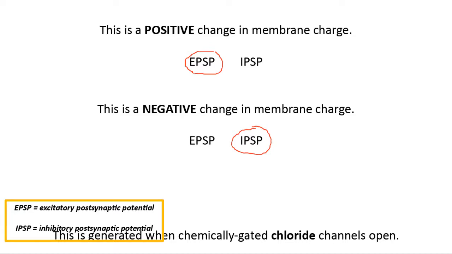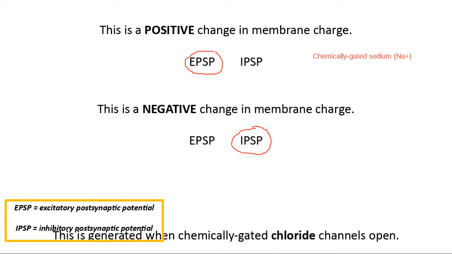Yeah, sodium makes my membrane charge more positive. So the type of channel that helps us make EPSPs, excitatory postsynaptic potentials, is chemically gated sodium channels.